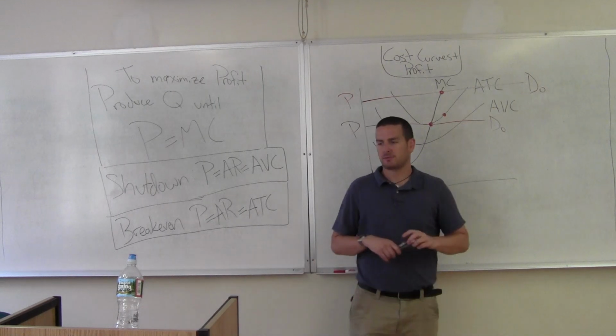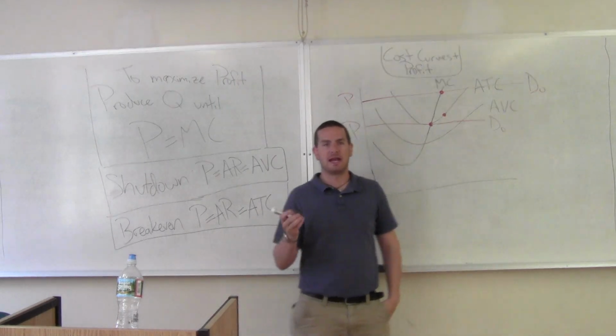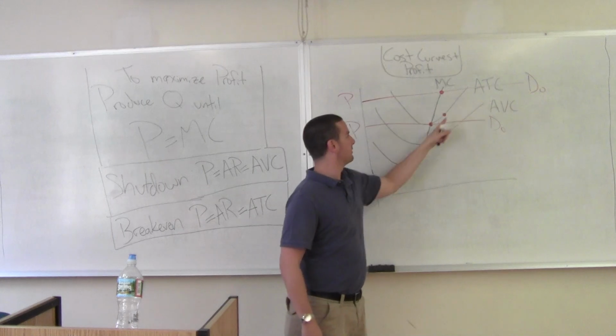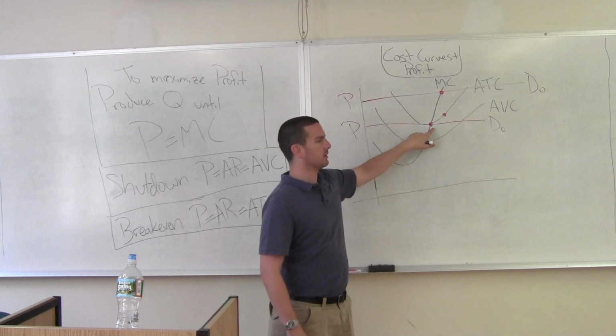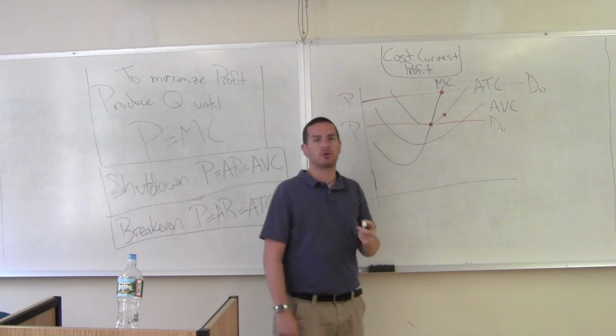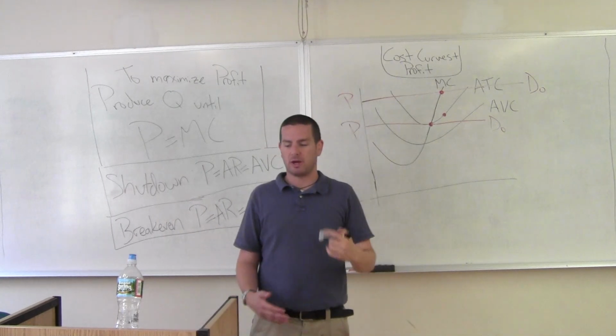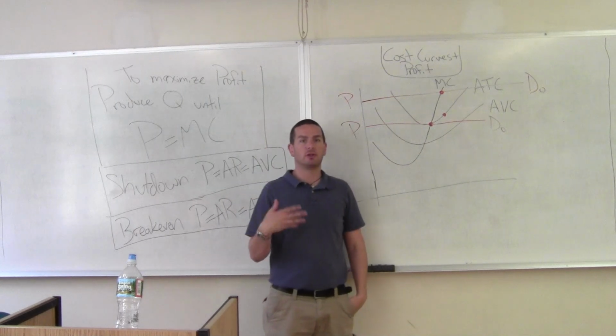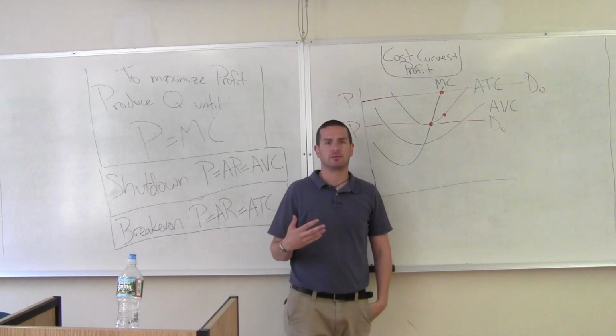Okay? And the break-even point, as I mentioned, is when price is equal to average total cost. Right here. Okay? When price is equal to average total cost, then you will be breaking even. You're making just enough per unit of output. Okay?